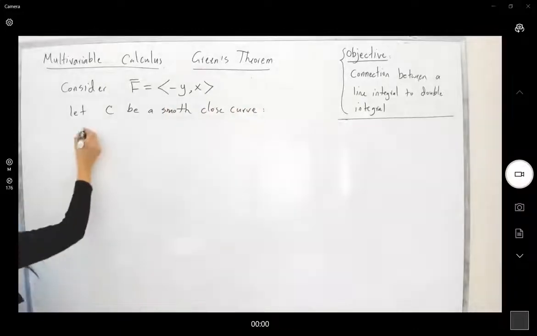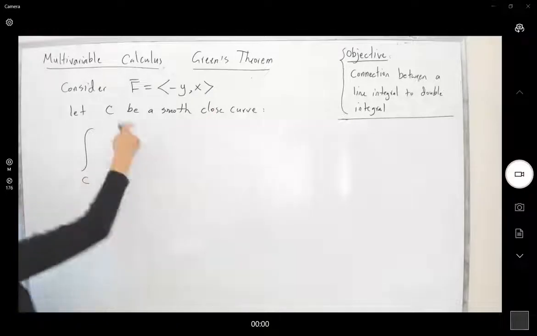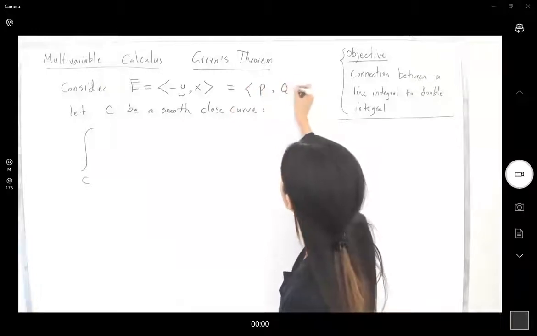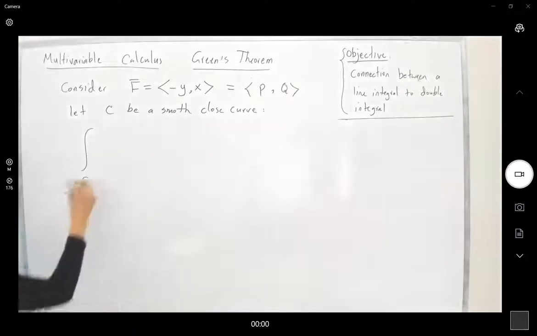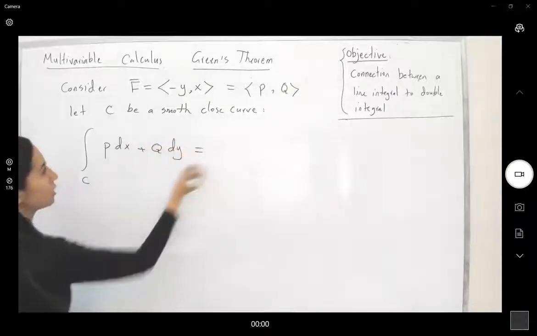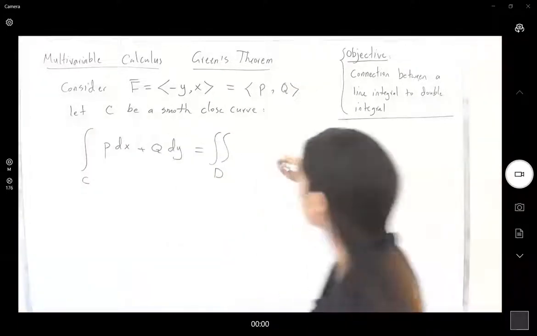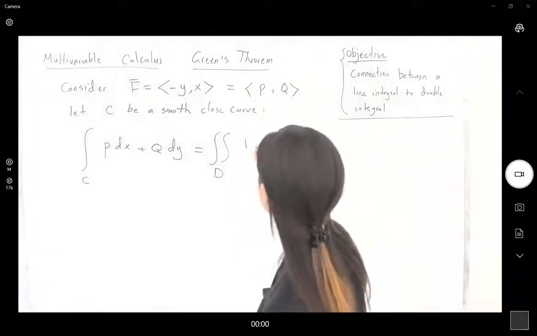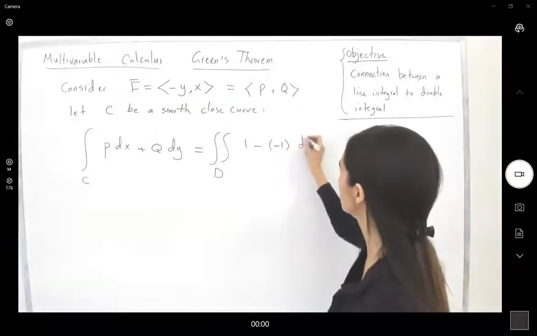Then the line integral over C, so note that your first component is minus y and second component is x, of P dx plus Q dy can be written as the double integral over D of the partial derivative of Q with respect to x, which is 1, minus the partial derivative of P with respect to y, which is negative 1, dA.